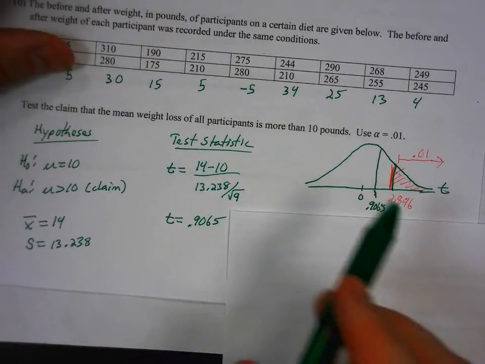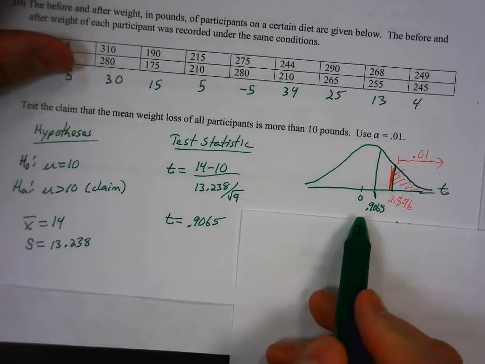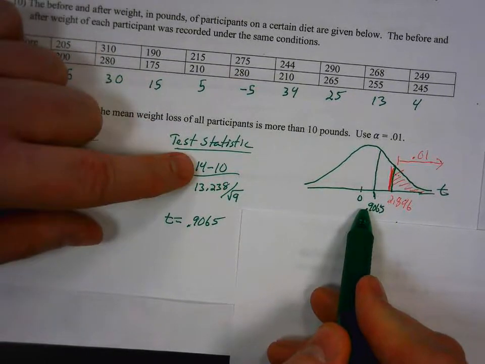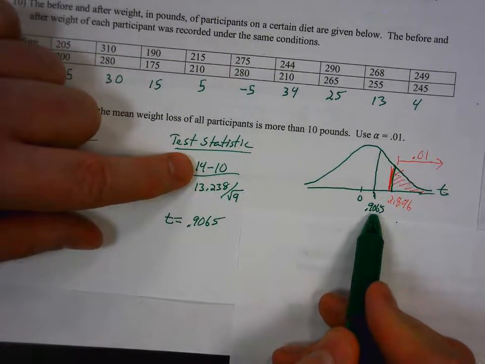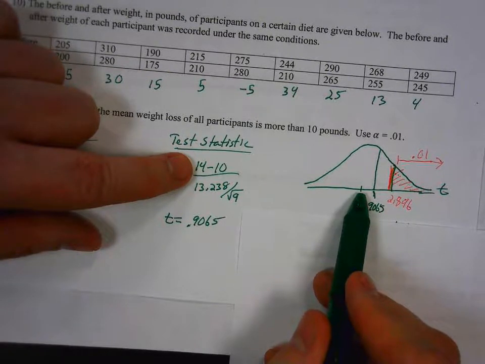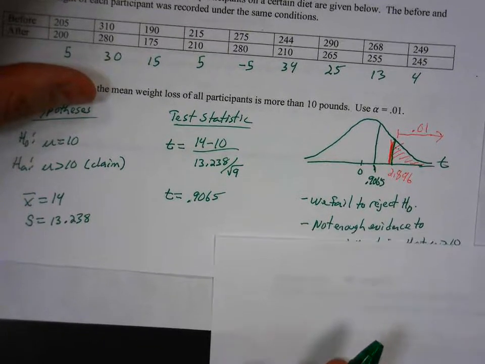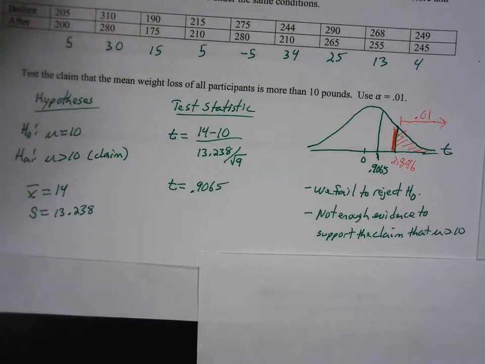Well, it tells us that our assumption that mu equals 10 was not a bad assumption because our sample mean of 14 resulted in a t test statistic of 0.9065, which is close enough to the center to say that 10 was a good assumption. So we failed to reject H0, which means there's not enough evidence to support the claim that mu is greater than 10.